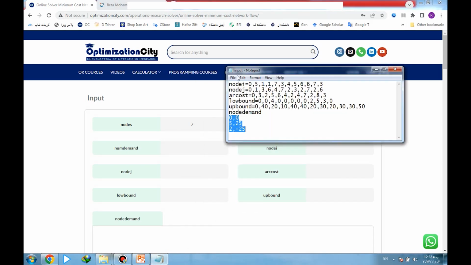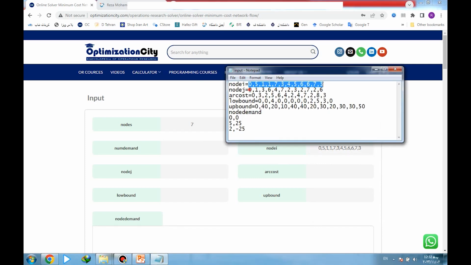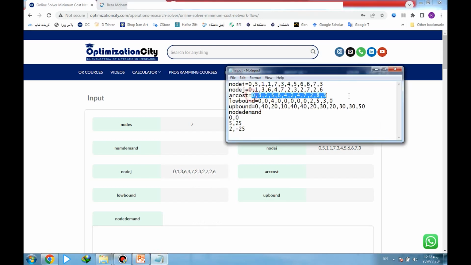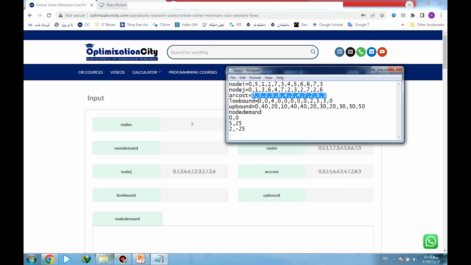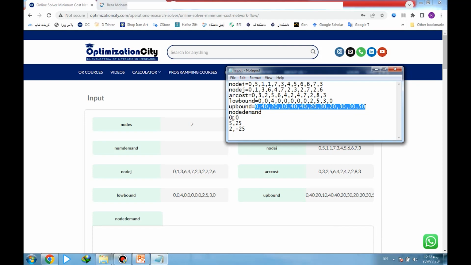Okay, node I, I paste here. Node J here. As I stated, the first component is equal to 0. Arc cost, copy and paste here. Low bound, copy and paste here. Up bound, copy and paste here. And node demand, this is the matrix.